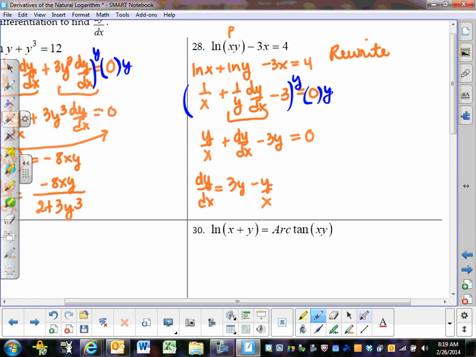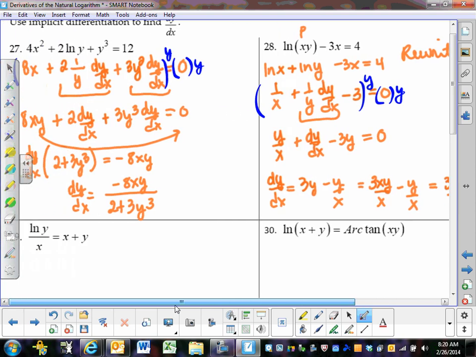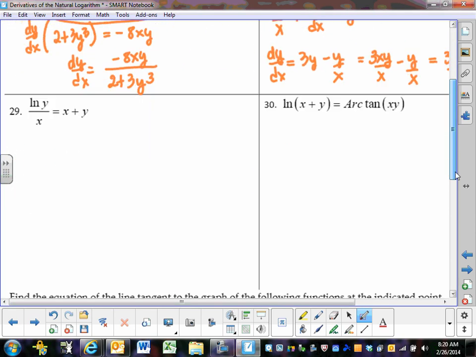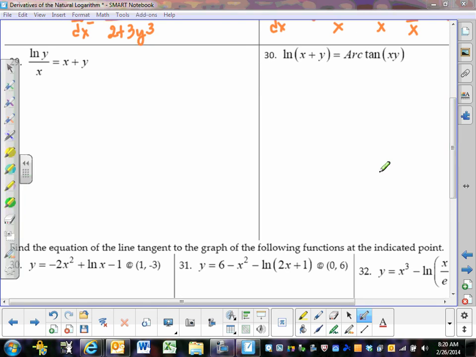So now we have 8xy plus 2 dy plus 3y cubed dy equals 0. Now I'm going to factor out the dy on the left-hand side, and that belongs with 2 plus 3y cubed. And I'm going to move the 8xy over, so it's going to become negative 8xy. So now we have dy over dx is negative 8xy over 2 plus 3y cubed.